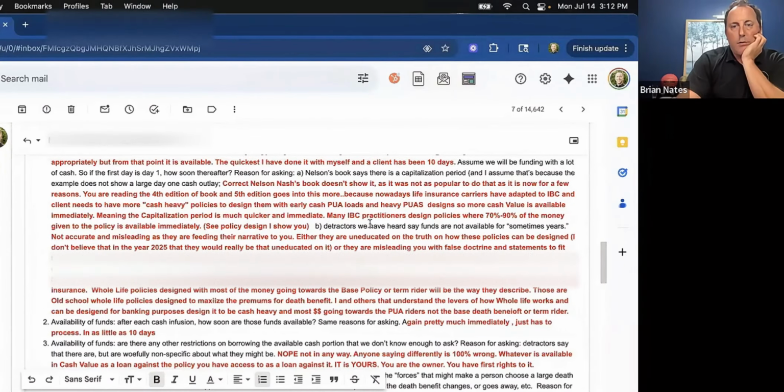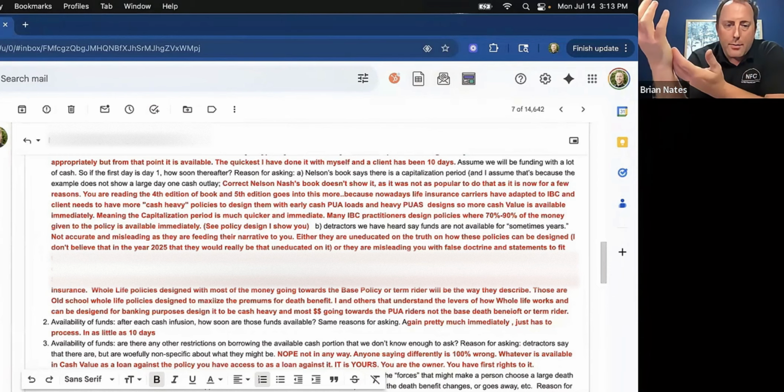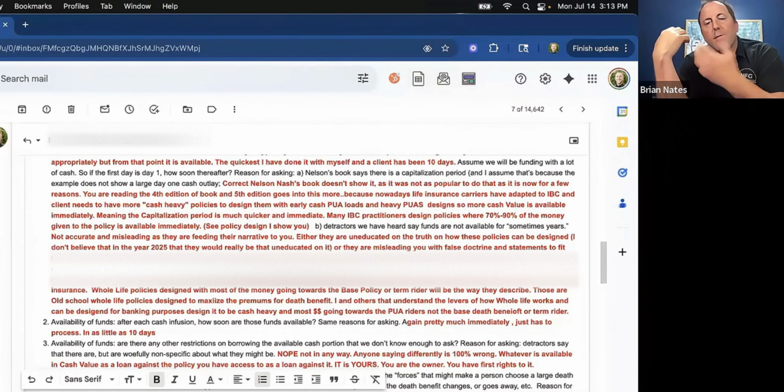Detractors, we have heard, say funds are not available for sometimes years. Again, that's misleading, not right in any way. And unfortunately, it's just the reality of the detractors. Again, probably not educated, or probably educated, but probably fitting their narrative. There were whole life designs where most of the money is going to the death benefit, and therefore not much money is going into the paid up additions rider, which means, see, that's where the early cash value is really coming from.